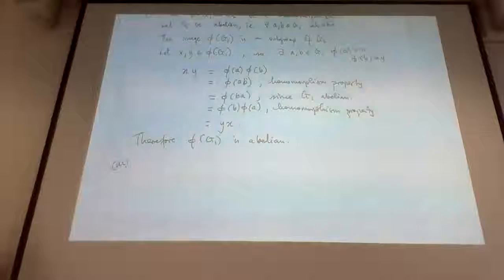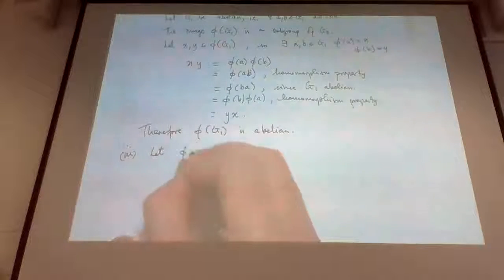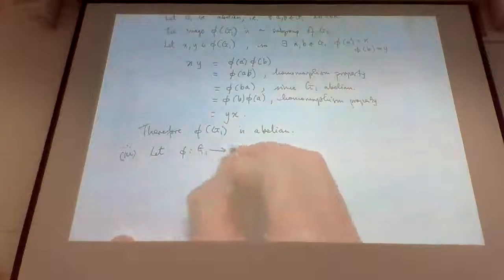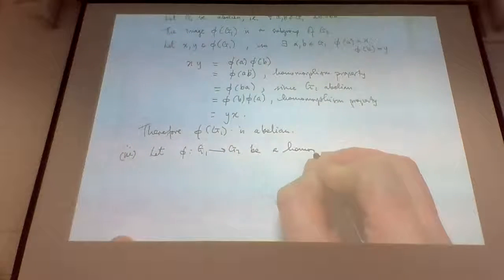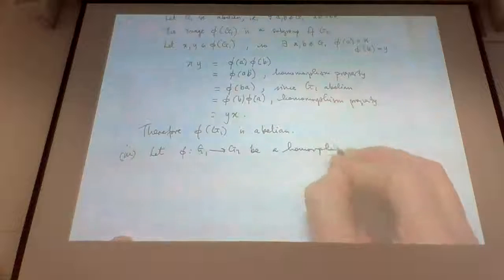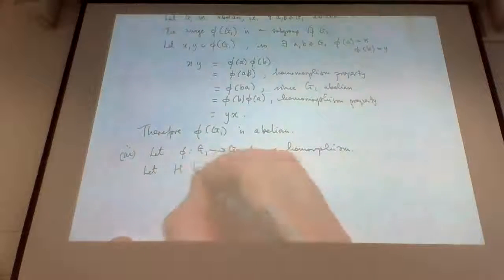Okay. Part 3. Seen that phi is a homomorphism. Prove that if H is a subgroup of G2, then phi inverse of H is a subgroup of G1. So I just begin with the same declaration. Now we're letting H be a subgroup of G2.